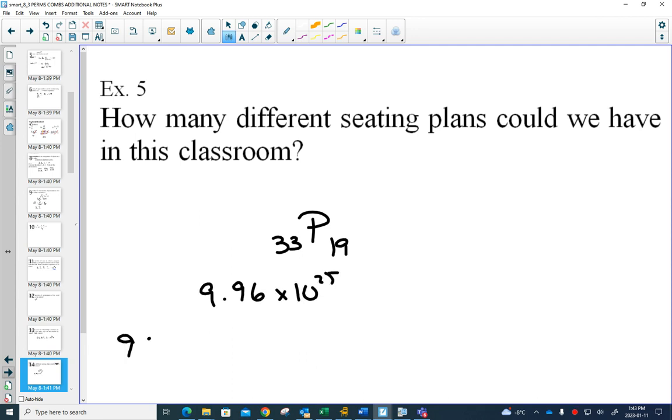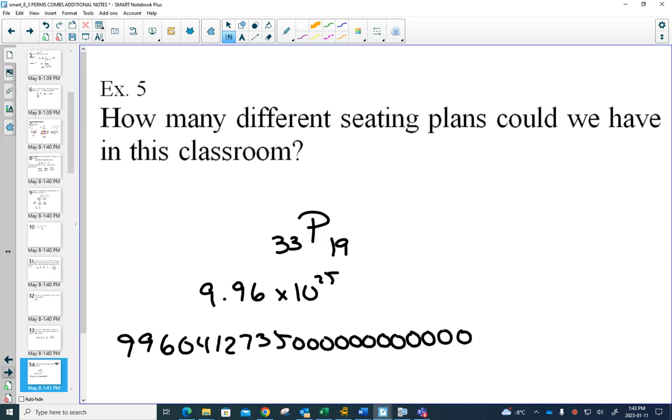In fact, this is just an estimation, because those other numbers wouldn't be zeros, but they don't show up on my calculator. Okay? Wow. That is a huge number. That's a crazy big number.